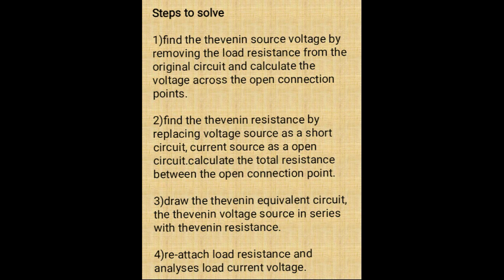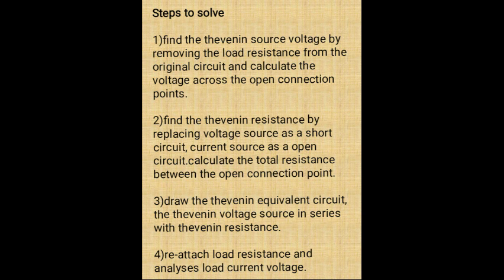It means in the given network we have to find the value of current or voltage across any branch. First of all, we have to remove that branch from the circuit and we will find the value of voltage across those points by any method.